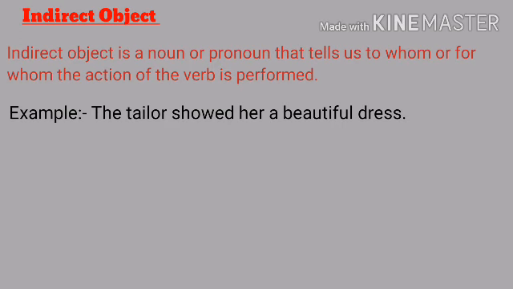In this sentence, the word her is the indirect object because it is a pronoun and it tells us about a person for whom the action of the verb is performed.